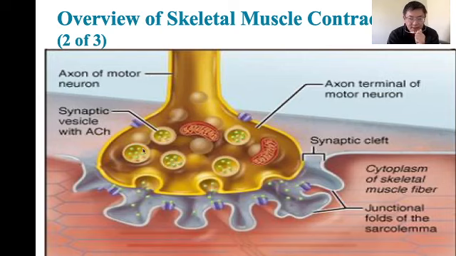This green structure is the mitochondria. This is the synaptic cleft. We can see this folding structure of the sarcolemma, which is called junctional folds. Junctional folds have millions of receptors, called acetylcholine receptors, which can bind with acetylcholine.